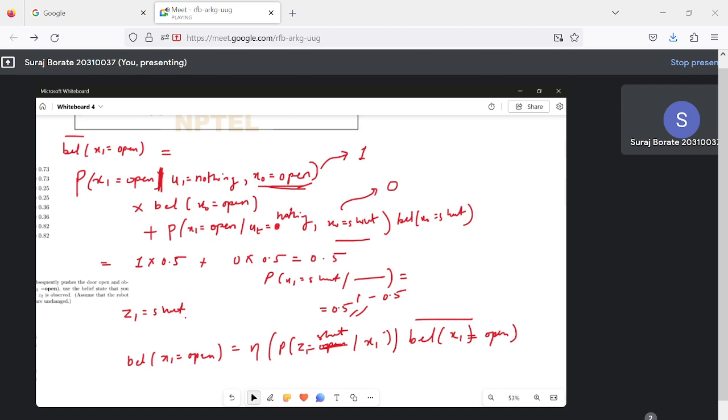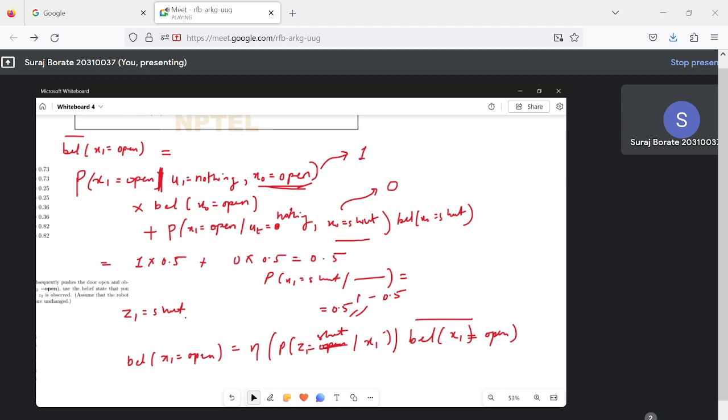So similarly, we can do it for belief that x1 is equal to shut, which is equal to eta times p of z1 equal to shut given x1 equal to shut, times the prediction.